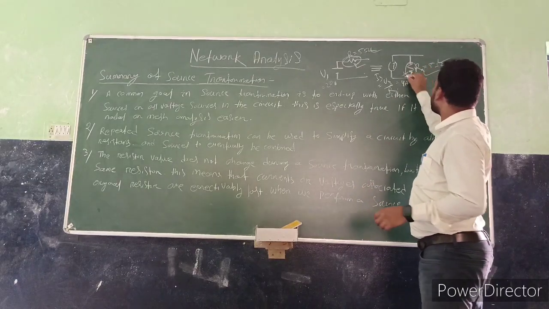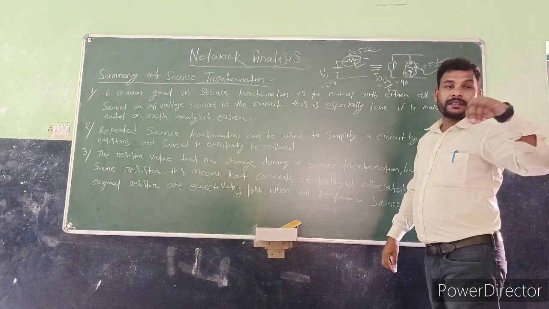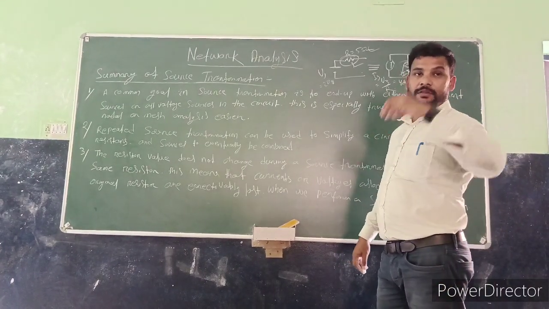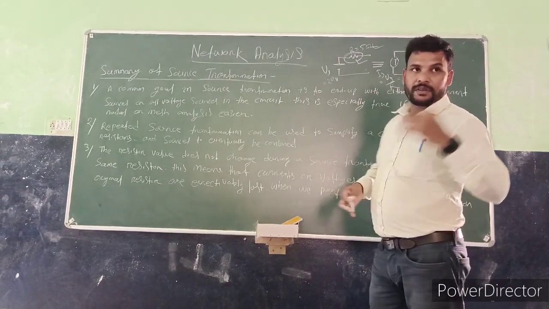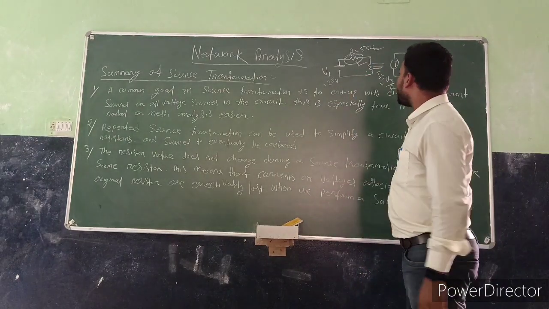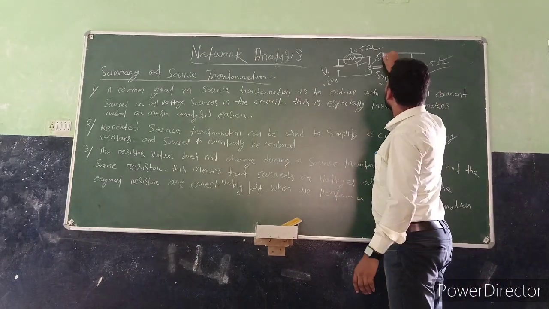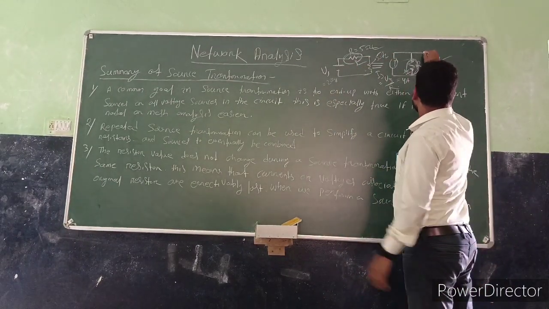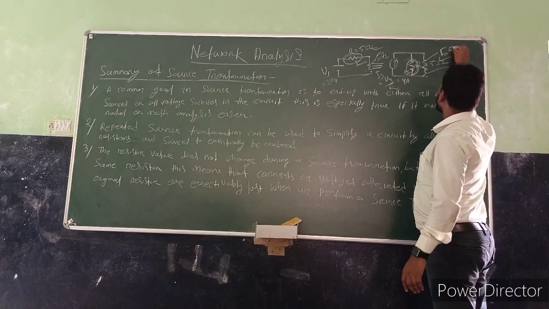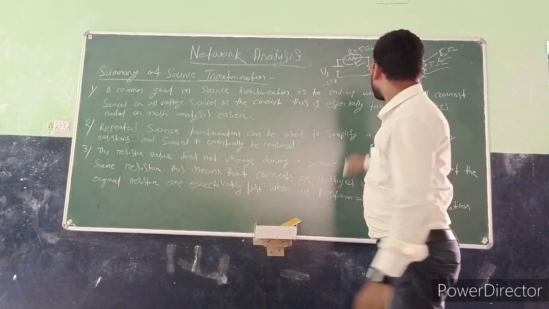So the resistance value remains the same, but this resistor will not be the same. This resistor will be different, but the value is the same. Let us assume we connect a load resistance of 5 here.